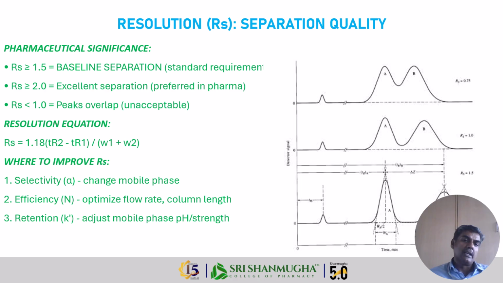RS should be more than or equal to 1.5, which is the baseline separation standard requirement. If the resolution is more than or equal to 2, this is considered excellent separation, preferred in pharmaceutical industries. And if the resolution is less than 1, the peaks may overlap, which is not acceptable.